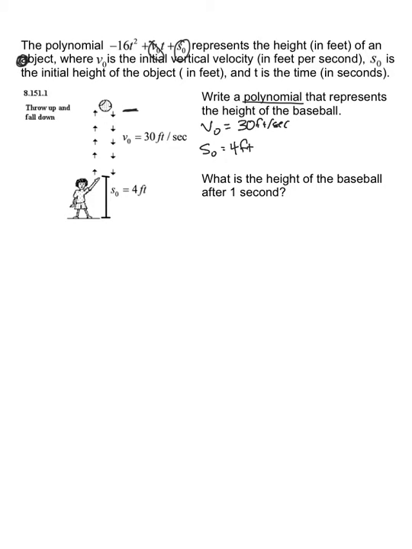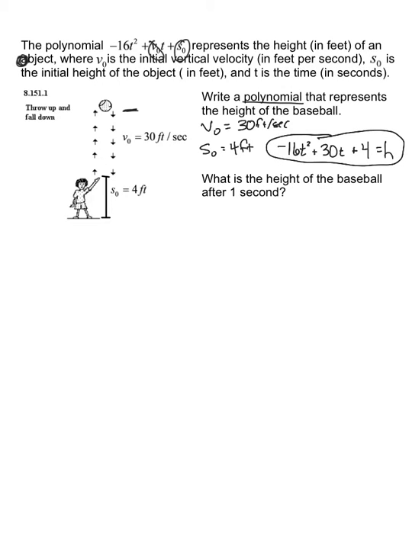So the ball starts traveling on its own at 4 feet. So our polynomial is going to be negative 16t squared plus v subscript 0, which we already know is 30t, plus s subscript 0, which is 4. And that tells you the height. So that is our function.